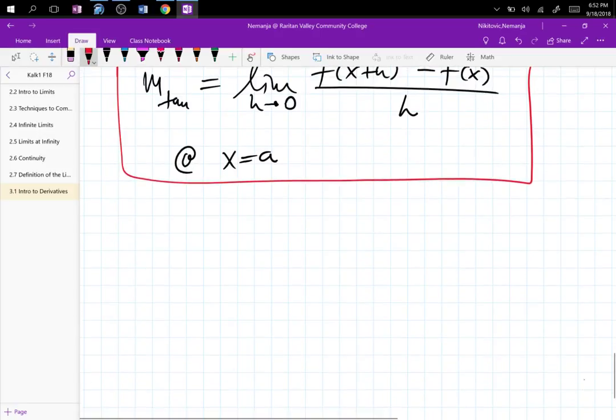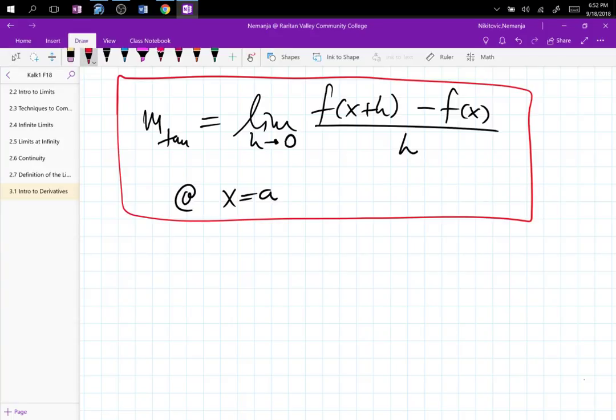So now this is a way to solve for all m tangents at once. One calculation, right?